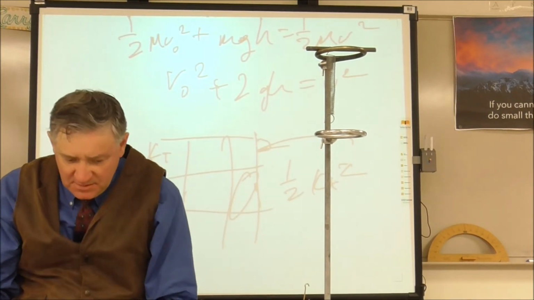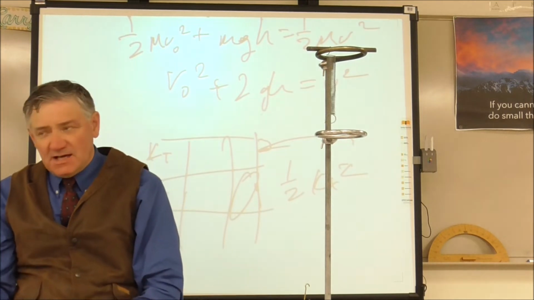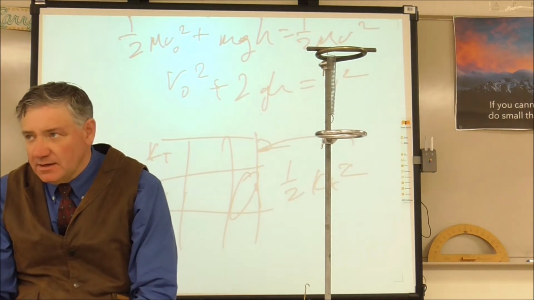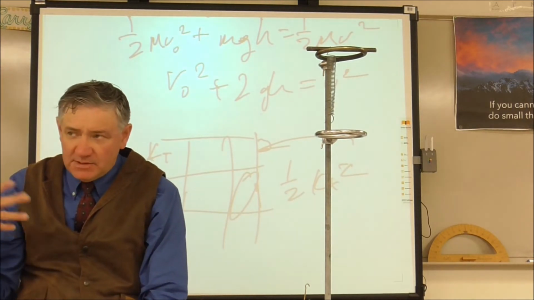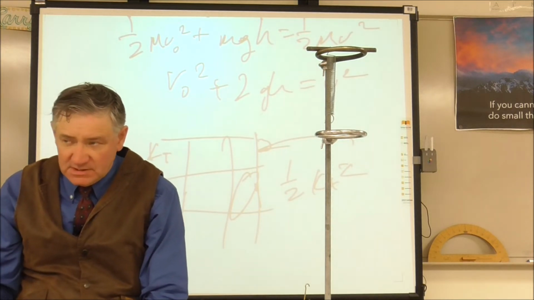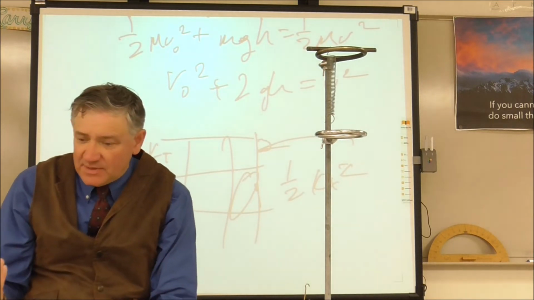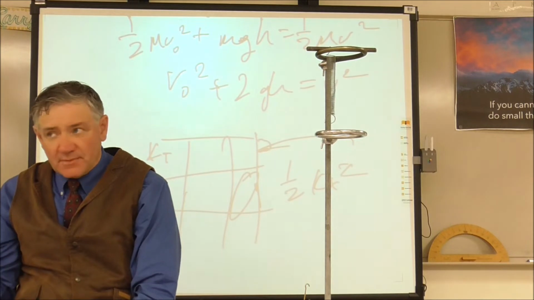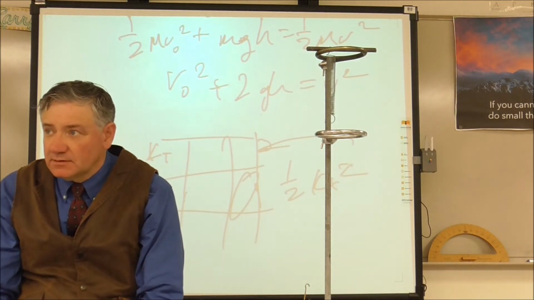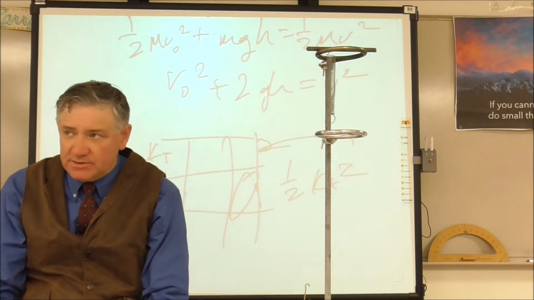So your answer to 6B has to be less than your answer to A. If you can figure out how much energy has been transformed into something else, subtract that from 2 joules, that's what you have left. Because everything has to add up to 2 joules.